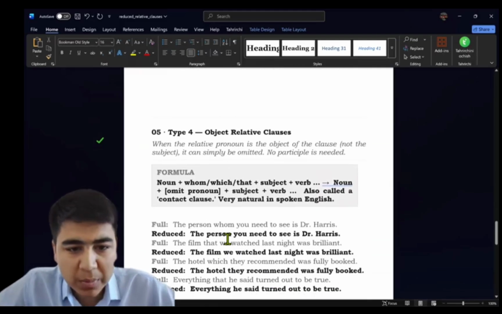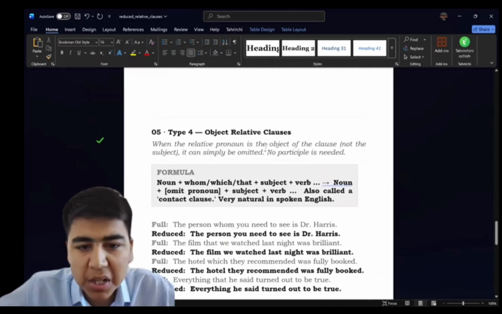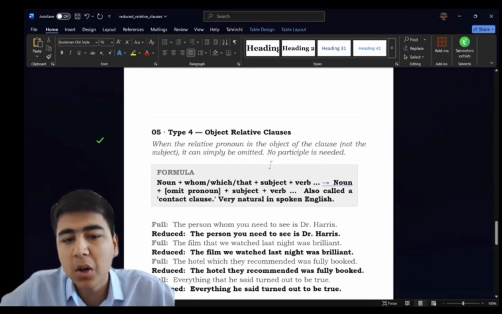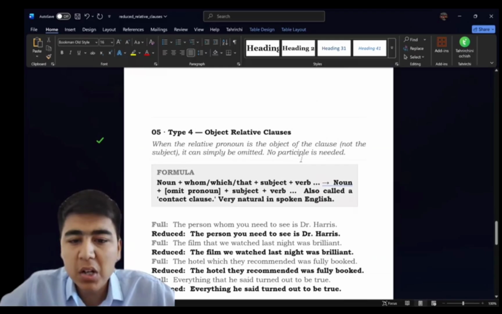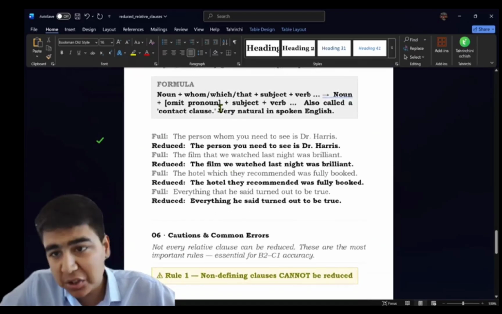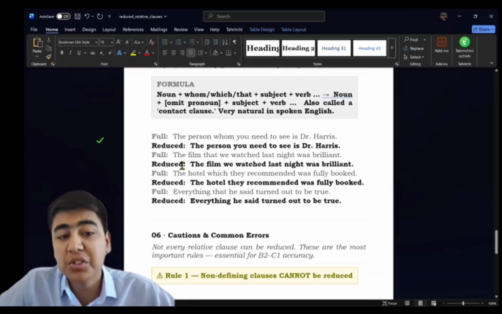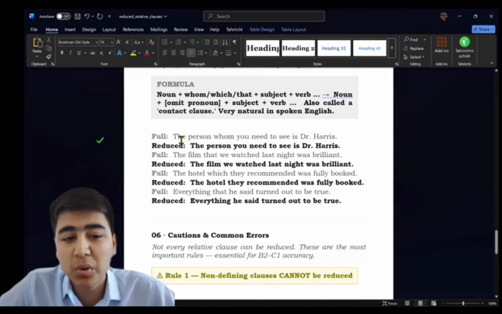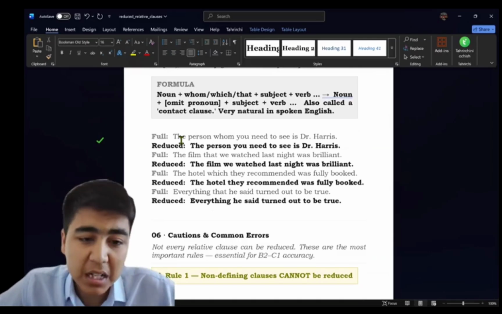And the last one maybe, when the relative pronoun is the object of the clause, not the subject, it can simply be omitted. No participle is needed. Let's not pay attention to the formula, let's pay attention to the example. I think in this way it's going to be much more clear and understandable.